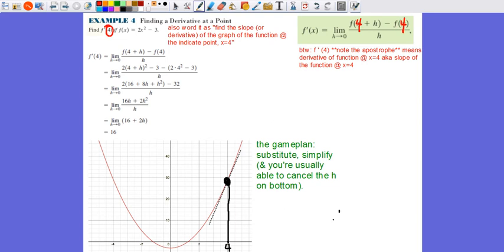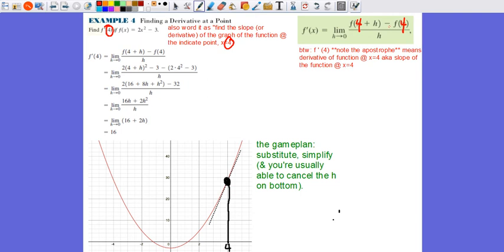They could have also worded the problem as find the slope or derivative. This is another way they could have worded it: find the slope or derivative of the function at the indicated point x equals 4. In that case you would plug in the 4 just like you see here.